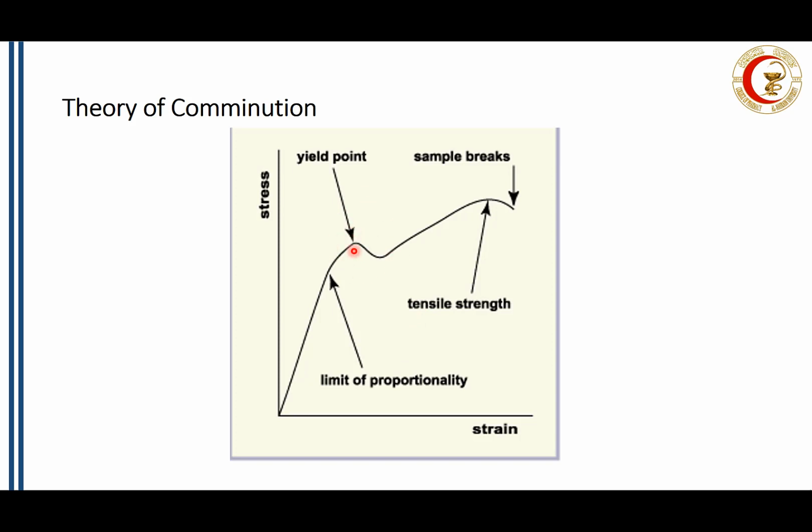The yield point is the point where the deformation begins. In the straight portion of the line, the particle holds its original size and shape.